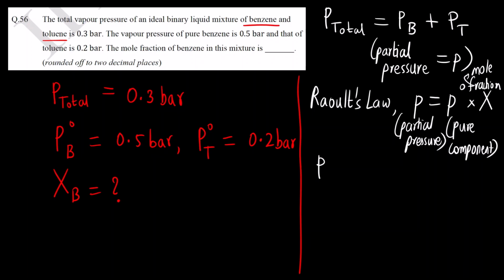So what is PB? PB will be the vapor pressure of pure benzene, that is 0.5 bar, multiplied by the mole fraction of benzene.